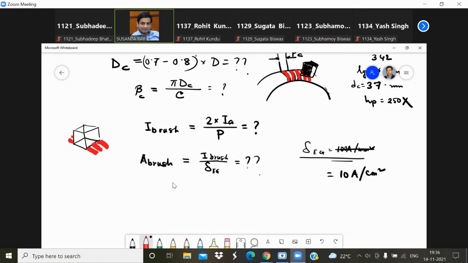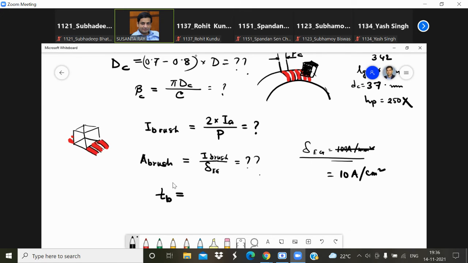What we need here, can you tell me? You want to calculate the thickness of the brush. What we need here? Do you understand what I am saying? Commutator pitch. Commutator pitch. So, what will be the formula for this TB?